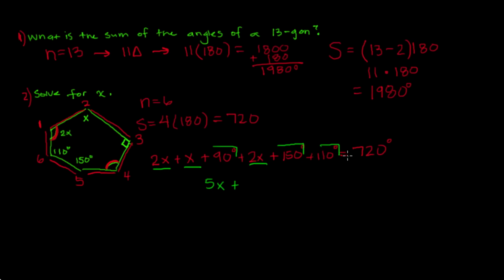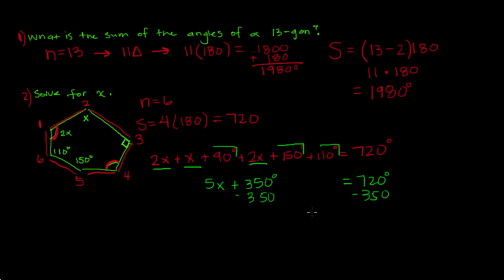Now I can't add the 720 because it's on the other side of the equal sign. So I'll say equals 720 degrees there. And then I'll just combine these here: the 90, the 150, and the 110. The 90 and the 110 actually make the most sense to add together right now because they add up to 200. So it's going to be 200 plus the 150, so plus 350 degrees. So I have 5x plus 350 equals 720. We're going to subtract that 350 from both sides.